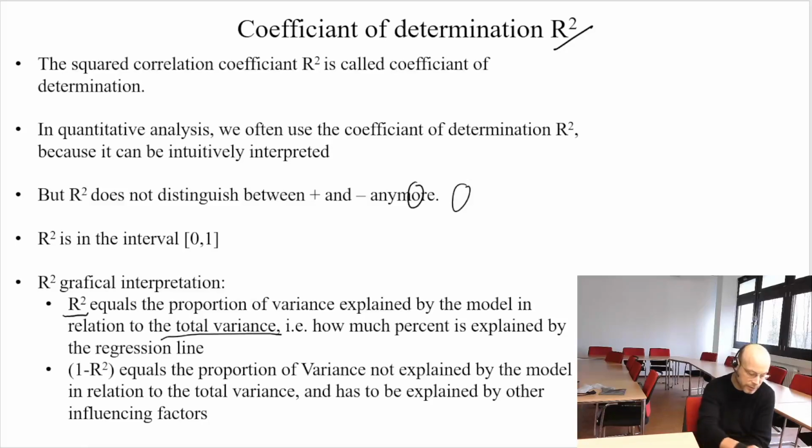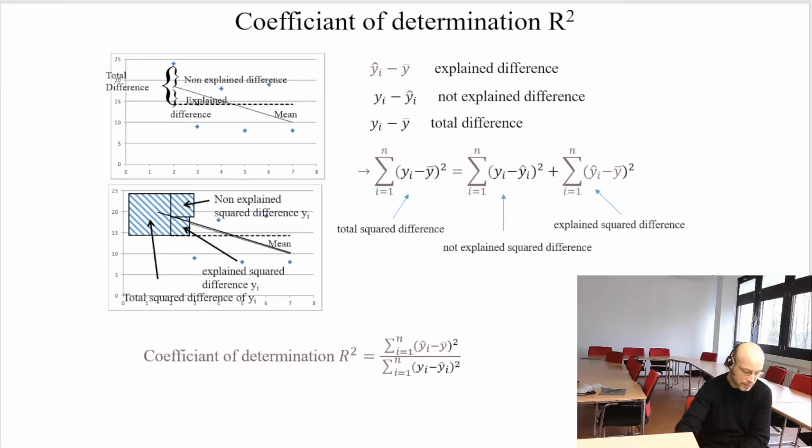And then of course 1 minus r squared means what we cannot explain with our regression line. And in the two-dimensional case, this looks as follows.